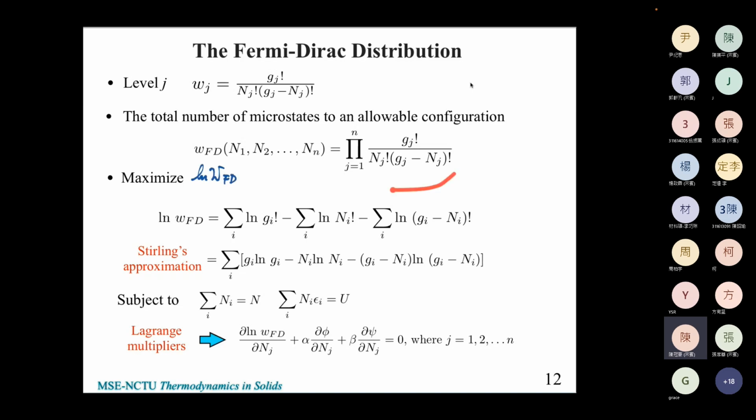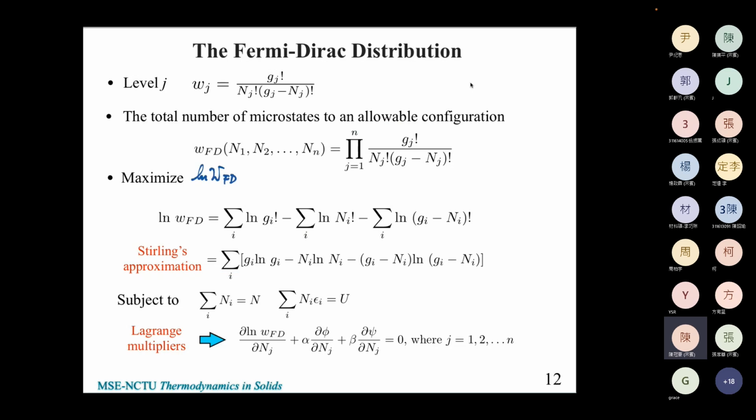After the Stirling approximation, you can make everything easier, I would say.